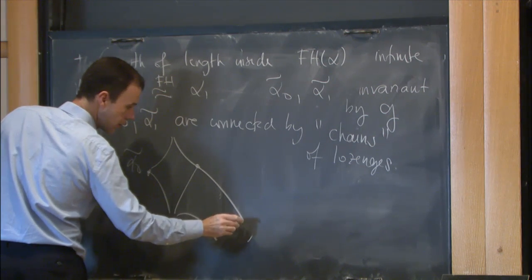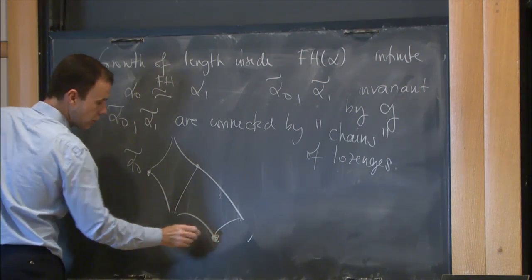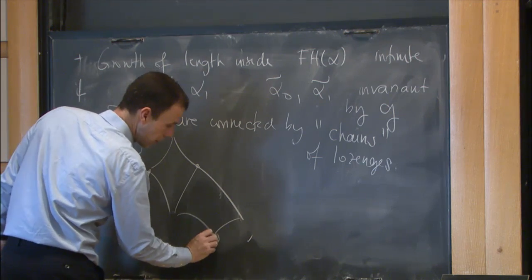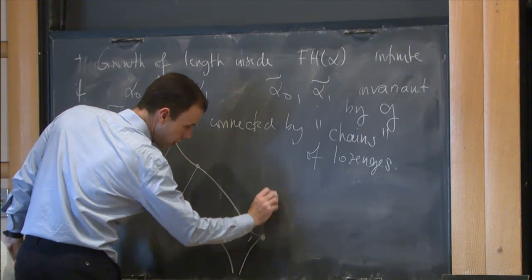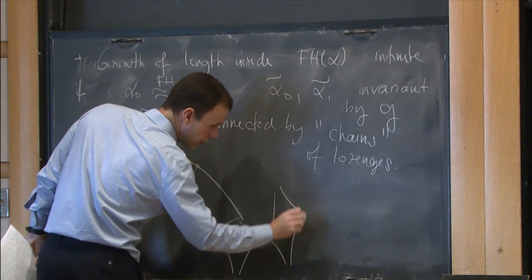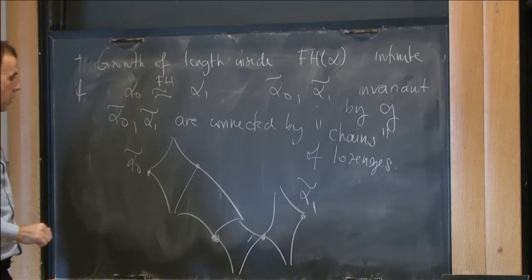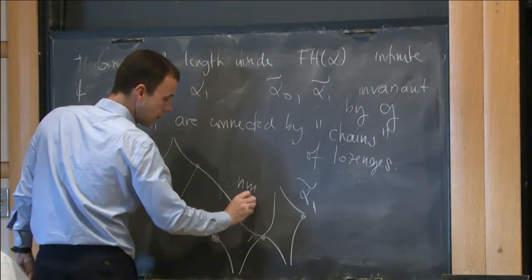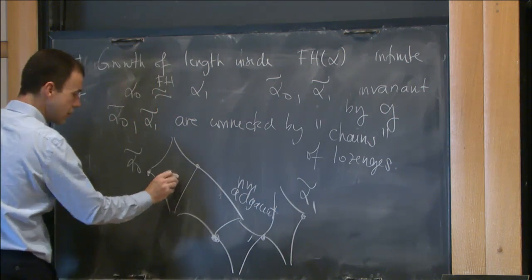Here's another one. These are the ideal ones. These are the actual points. These I call adjacent. Here's another one. And eventually I get to the other one. So there's the non-adjacent, and then there's the adjacent.